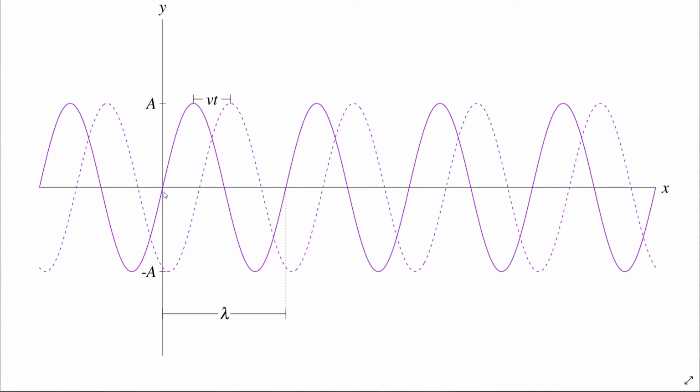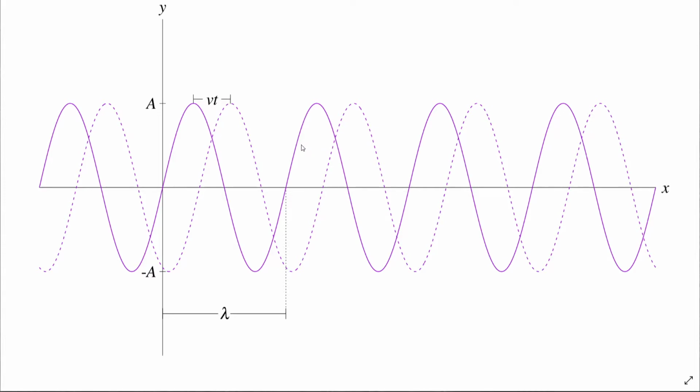The distance from one point on the wave to an equivalent point gives us our wavelength, and the amplitude is the furthest away from that equilibrium point. So, the same characteristics we've dealt with before.